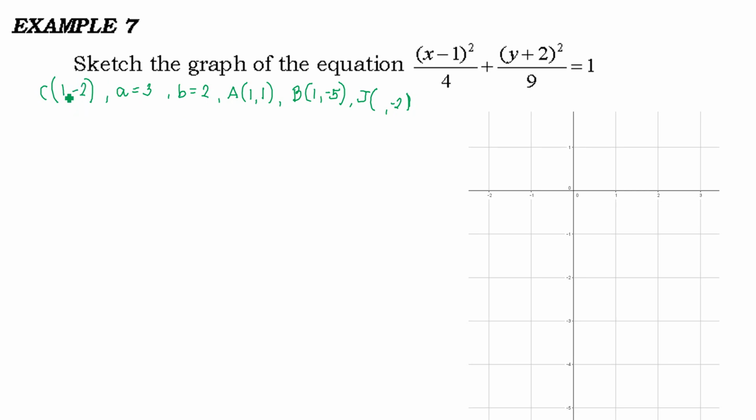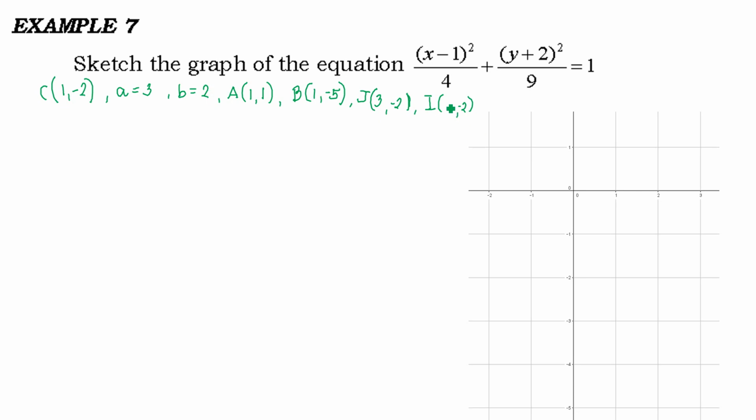So, 1 plus 2 equals 3. And for our I, copy the y-coordinate of the center, that's negative 2. And then, this one would be subtracted by 2. So, 1 minus 2 is negative 1.